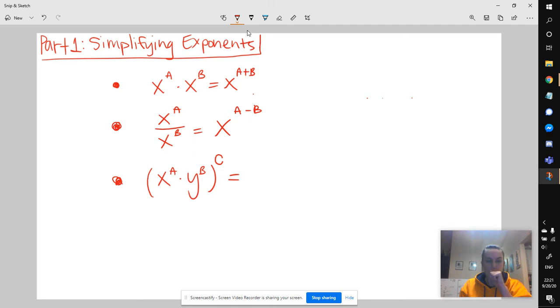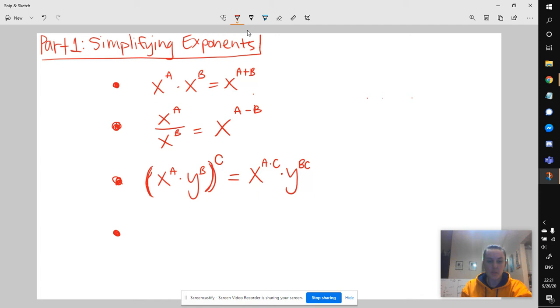But because we have the second thing going on, we have everything in these parentheses taken to the c power, we're going to multiply those powers. Seems kind of good.